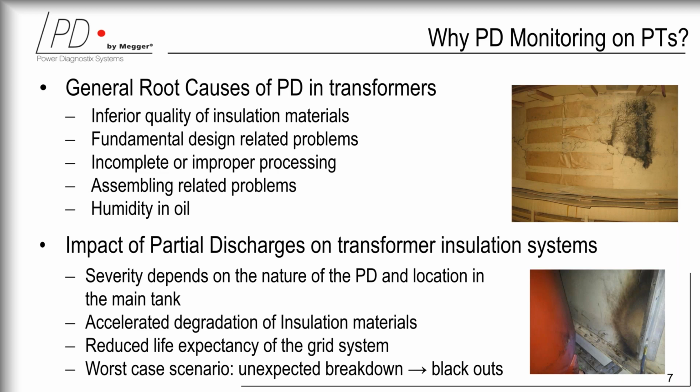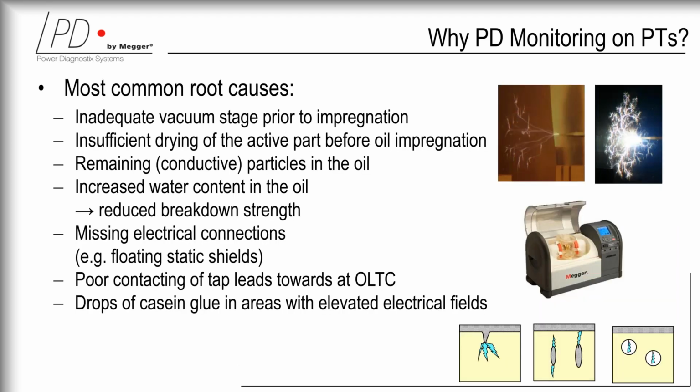The problems that I can see reflecting in transformer life are basically various, and I'm just going to give you here some examples about common root causes, how the partial discharge can appear, where usually we can see such problems, and again, we can effectively see the eventual deterioration of the insulation.